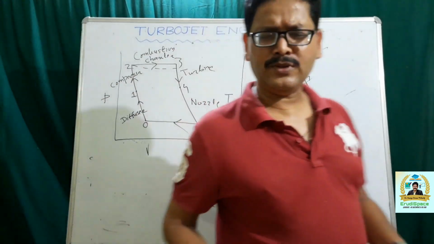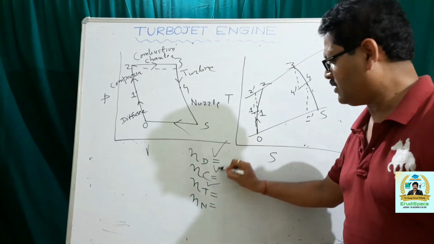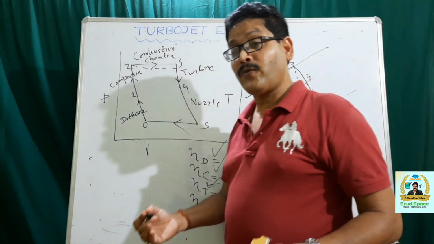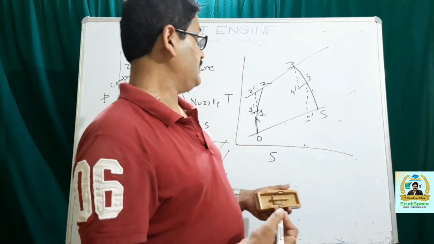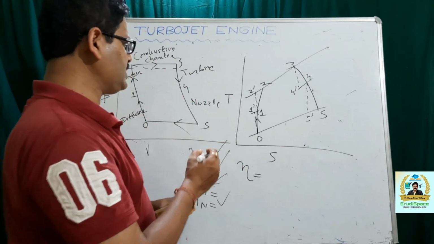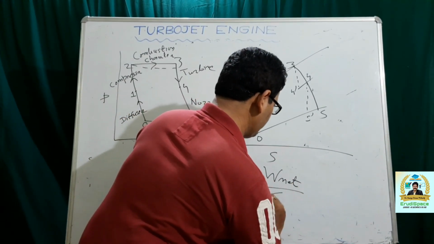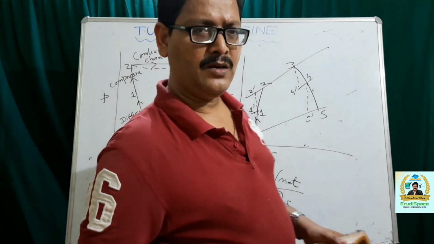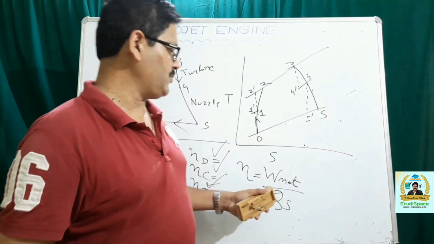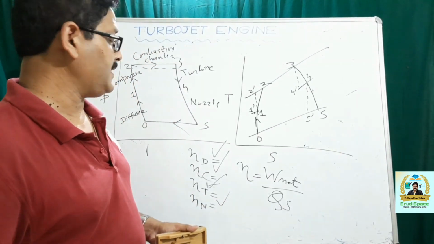So you can easily find out the isentropic efficiency of the diffuser, the compressor, the turbine, as well as that of nozzle. If you have to find out the efficiency of the cycle, you can adopt again the first principle to find out the efficiency, considering the net work output that you get divided by fuel supplied. Already those things have been discussed in detail, so I don't want to take much of your time in deriving the efficiency that you can do without any practical difficulty.